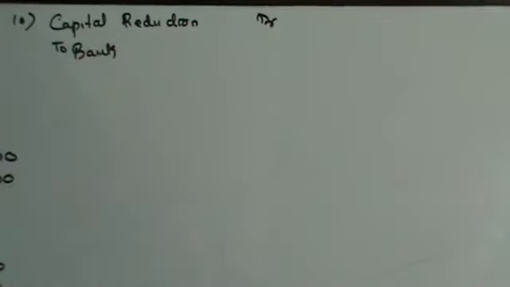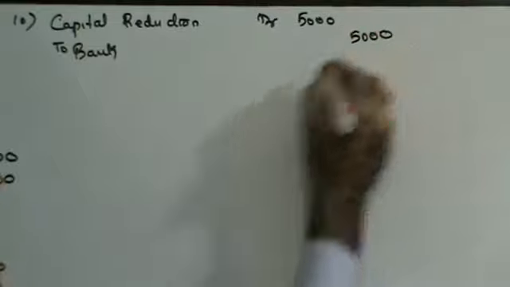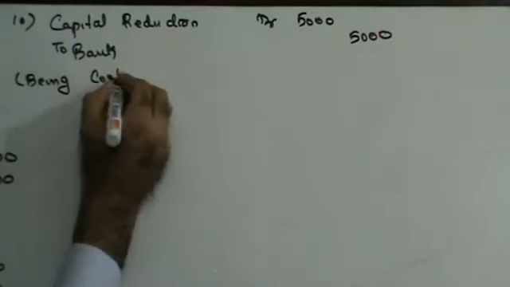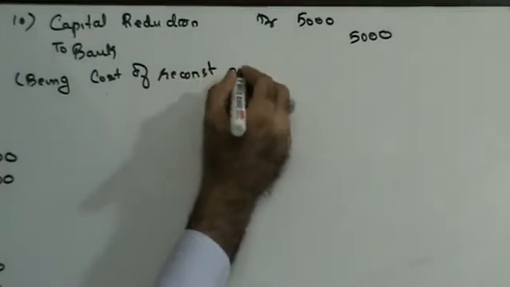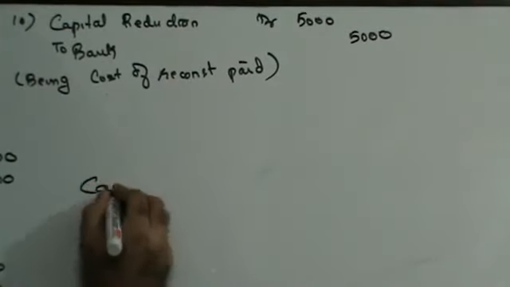Amount is cost of reconstruction paid 5,000. Being cost of reconstruction paid. Right? Leave space for one journal entry and then make capital reduction account.